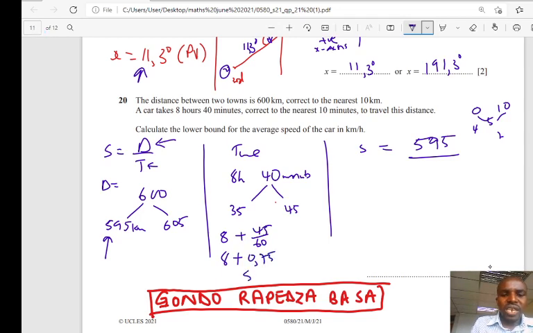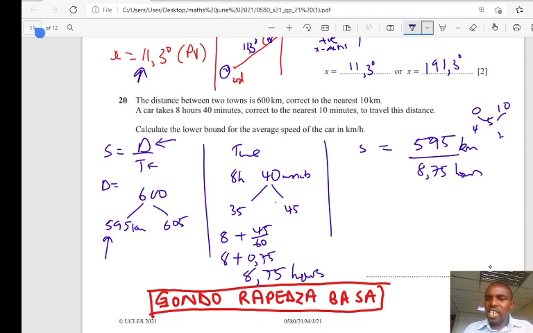So the time will be 8.75 hours. So you divide by 8.75 hours. This one is kilometers, right? So you divide now 595 divided by 8.75. What do you get? 68. So it's 68 kilometers per hour.